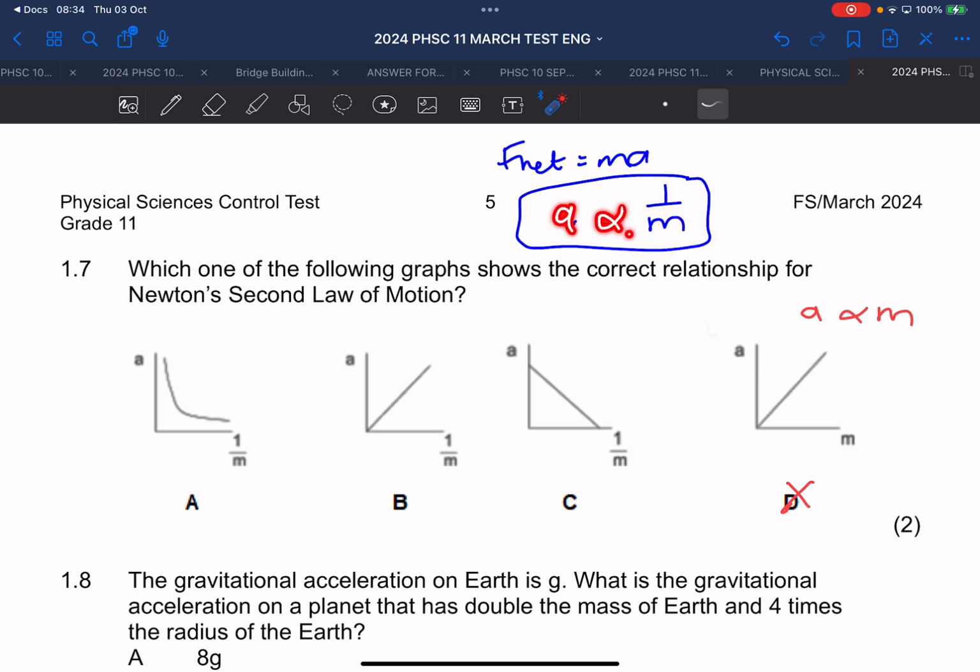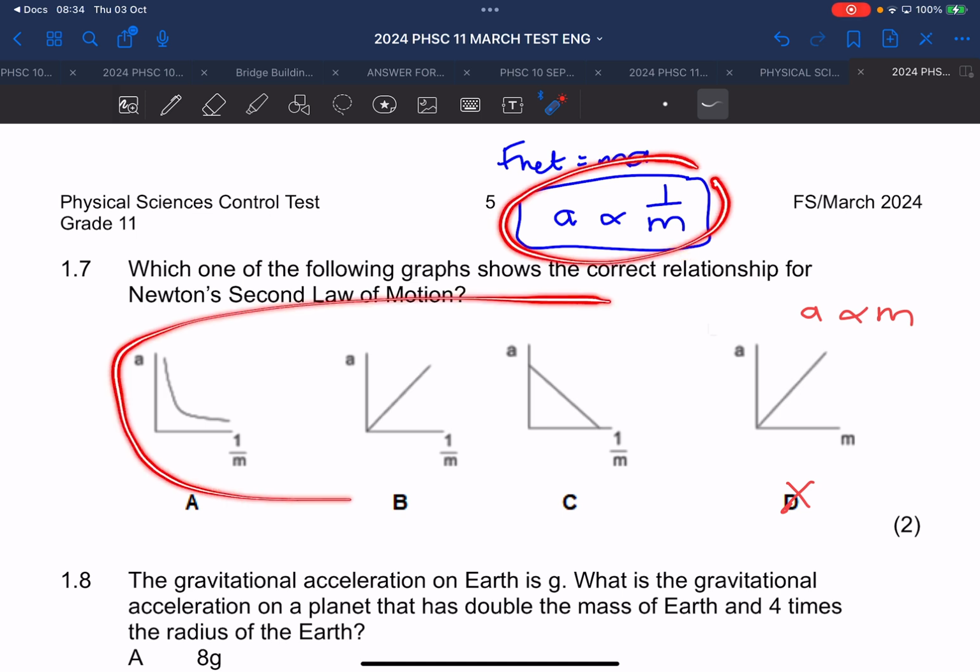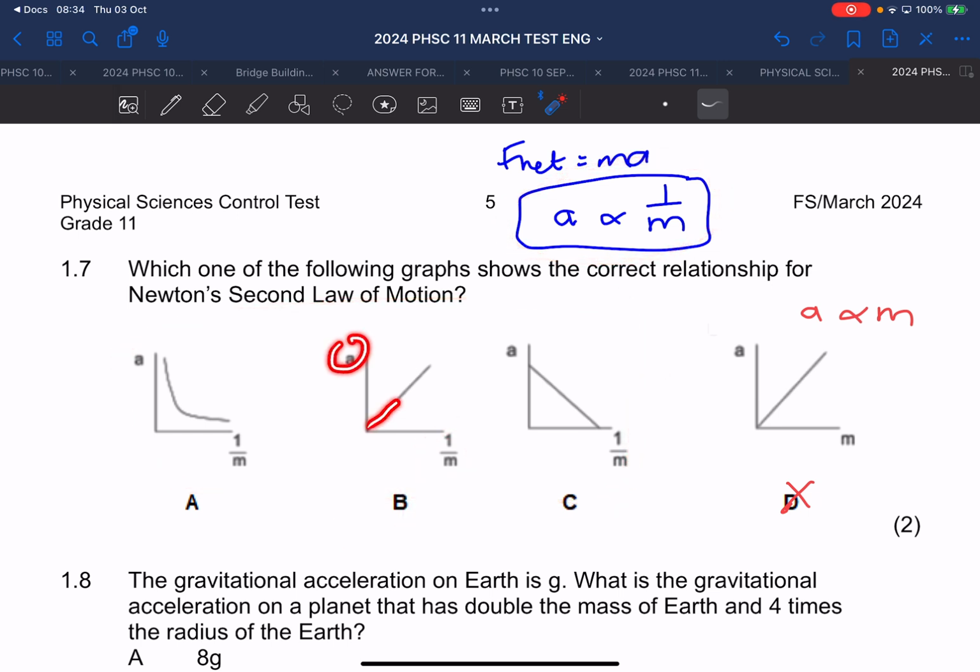I can read it to you like that. Okay? So where do I find in here acceleration is directly proportional to 1 over mass? Option B. So that is why the answer is B.